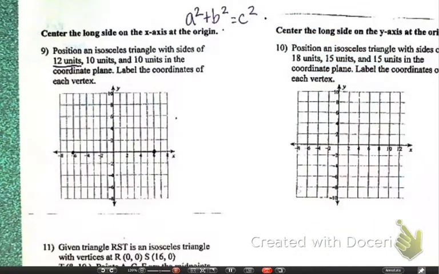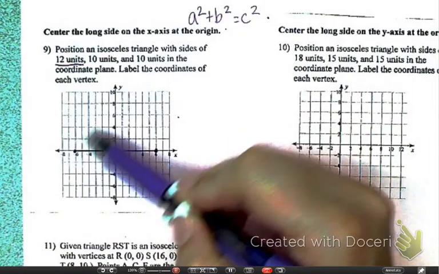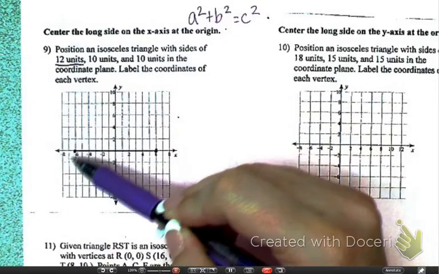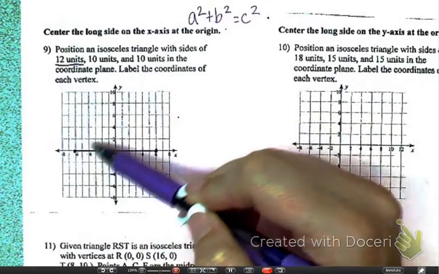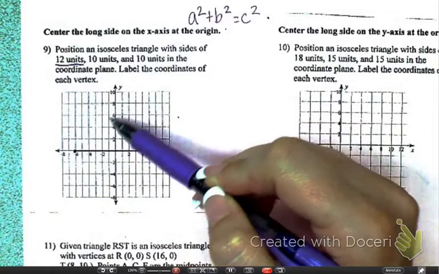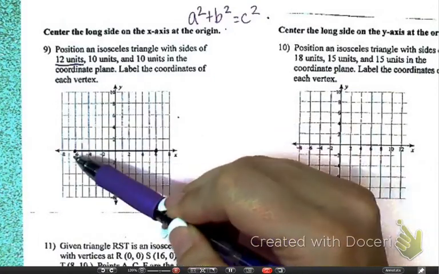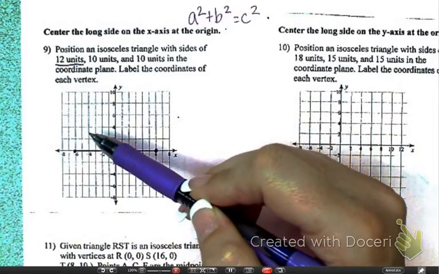Does anybody see where I can potentially create a right triangle? Okay, let me ask you another question. I'm going to draw a side length somewhere up here, right? Do you agree with that? That's going to be my hypotenuse. What is the length of the hypotenuse going to be? 10.